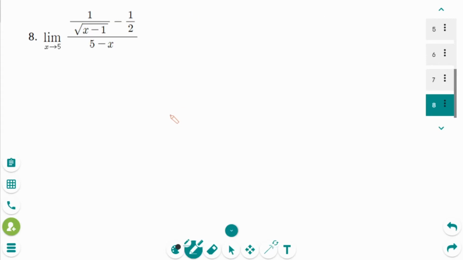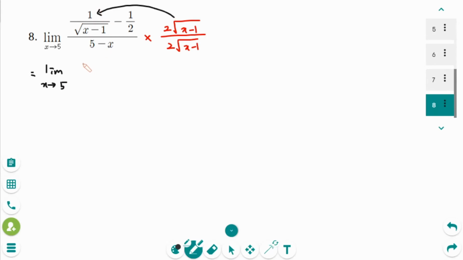This is the next one. It uses the same technique as question 7. We need the least common multiple in the denominator of the numerator to make a single fraction. That number is 2 times square root of x minus 1. Then multiply to each side.